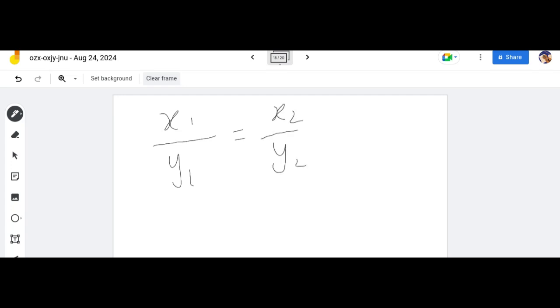The ratio is written as x1 ratio x2 is equal to the ratio y1 and y2. First with first, second with second. This is about direct proportionality.